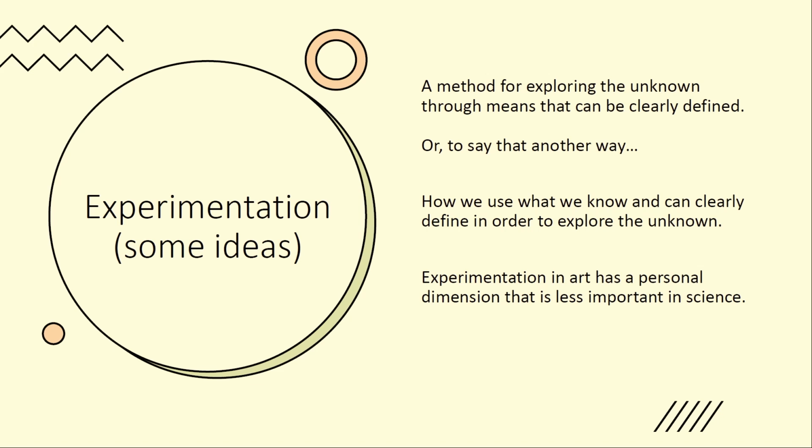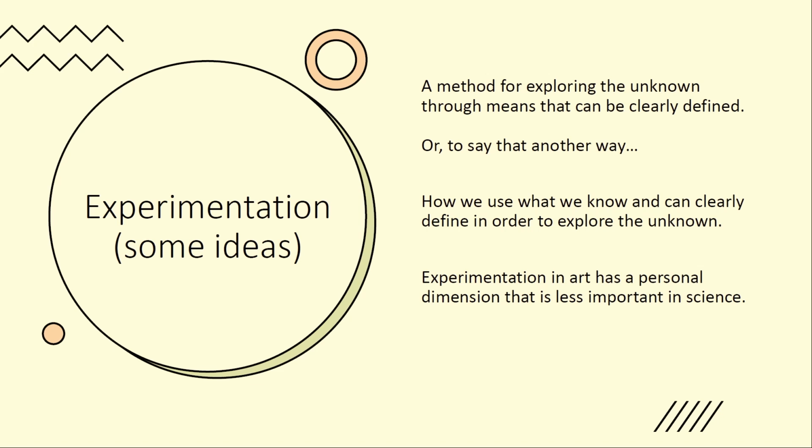So here's some more ideas about experimentation. As I said, experimentation is a method for exploring the unknown through means that can be clearly defined. Or to say that another way, experimentation is how we use what we know and can clearly define to explore the unknown. And this is an idea about experimentation that I was alluding to in the previous slide, which is that experimentation is not simply getting loose and throwing things around, throwing paint around.